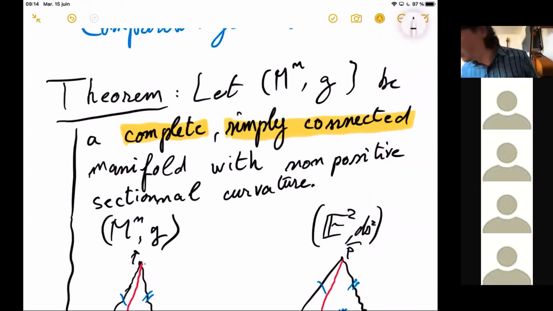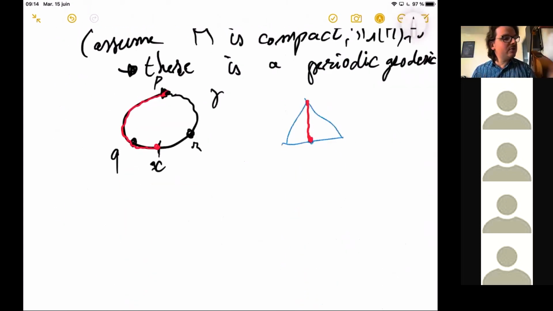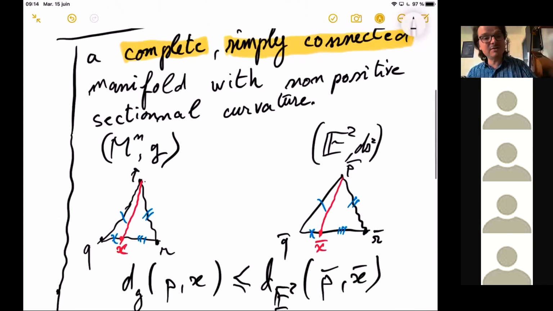This theorem has a counterpart in non-negative curvature, which is a little more complicated to show, but which doesn't require this simple connectedness assumption. Okay. So the goal of this lecture will be to set up the tools that allow us to prove this result. There are a number of corollaries which are more or less plain Euclidean geometry.